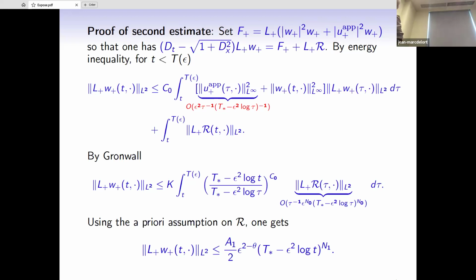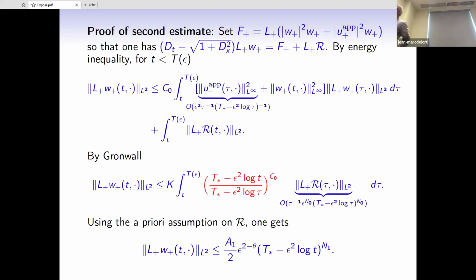So when you do a Gronwall argument with such a quantity, you have to make appear the exponential of the integral of such a quantity, which gives you a large term, a large power of a quantity which is blown up.